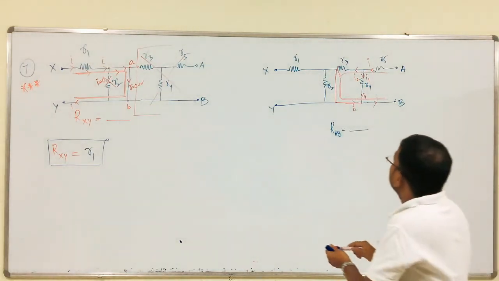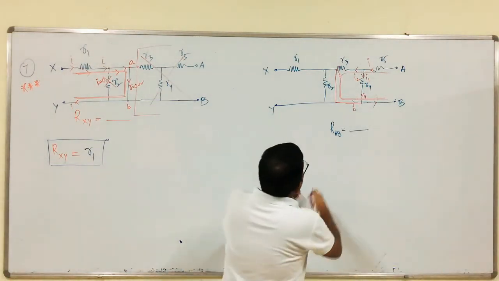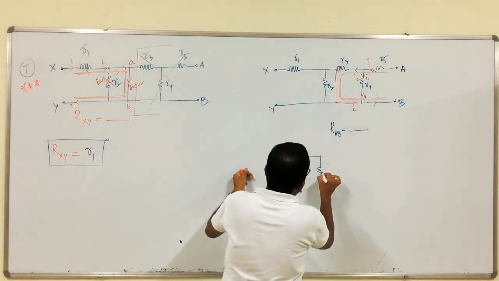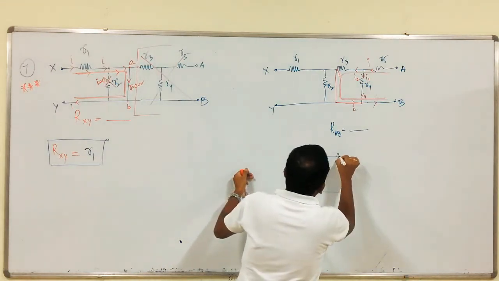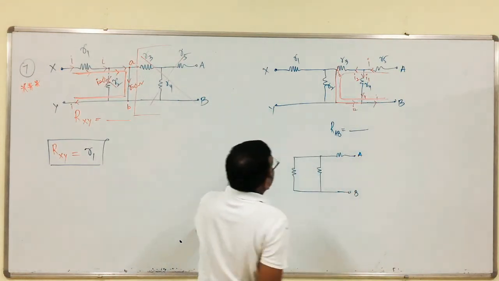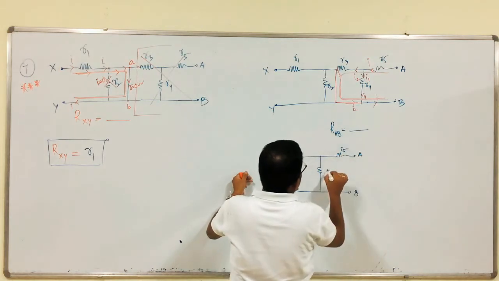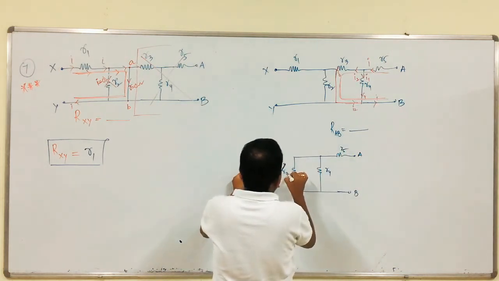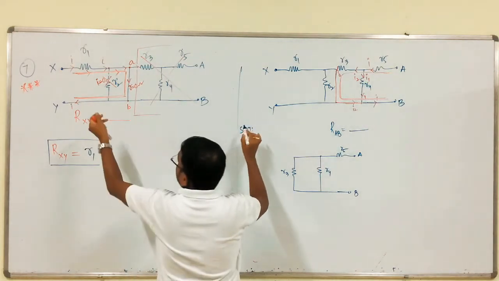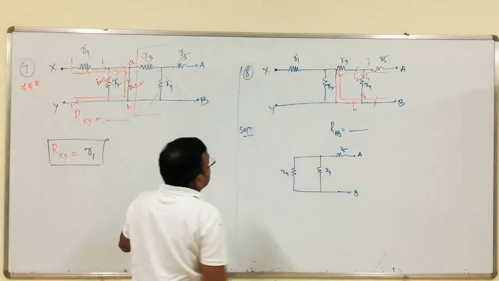Circuit becomes what? R3, A, B, R5, R4 and R3, right.